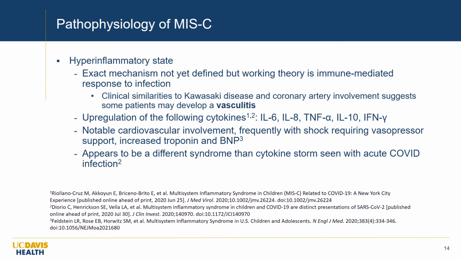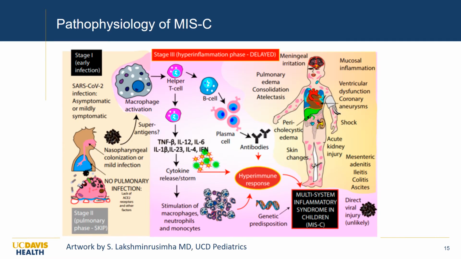And this is a diagram that was created by our chair here at UC Davis, Dr. Lakshman Rusimha. And what it does is try to provide some more insight into this hyperinflammatory state that we see in MIS-C.